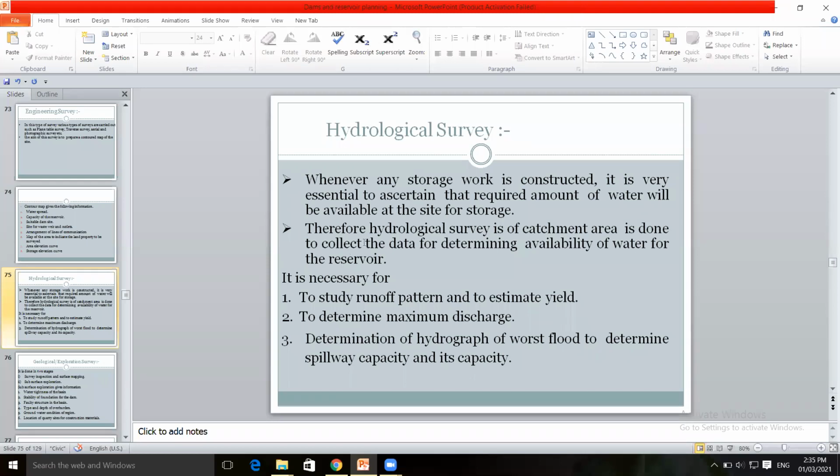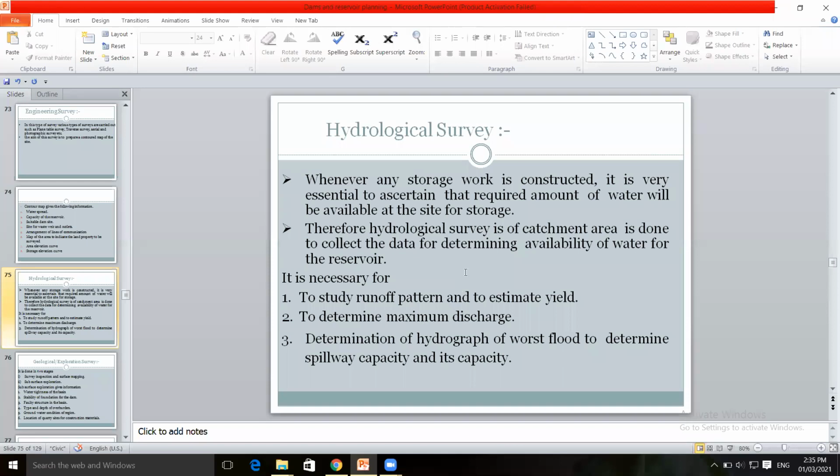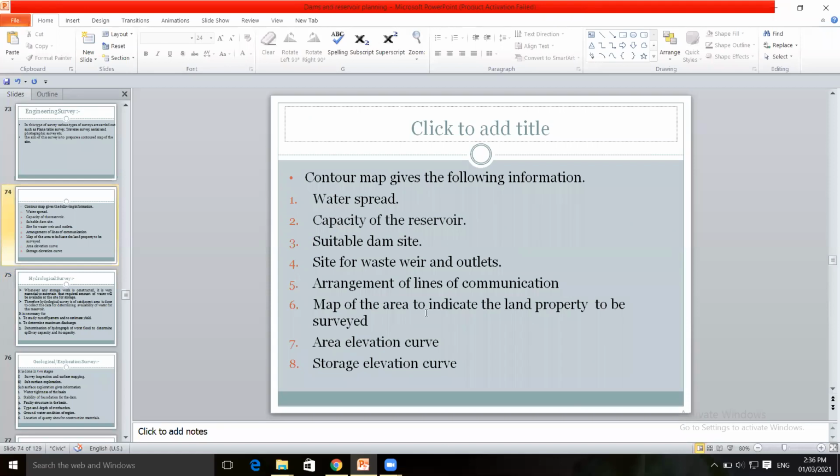These are the data which is collected in this hydrological survey. Understood the hydrological survey, and the difference from the engineering survey? In the engineering survey, different surveys are carried out and a control map is prepared. From that you get the capacity of the reservoir, the water spread over that area.